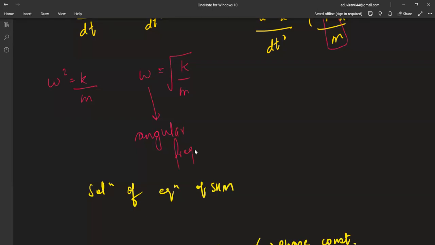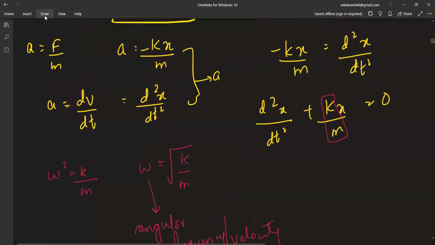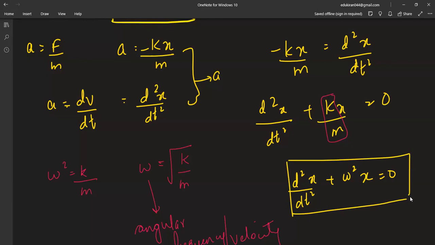This is angular frequency, or you can say even angular velocity is also fine. So the final equation will be d square x over dt square plus omega square x is equal to 0.